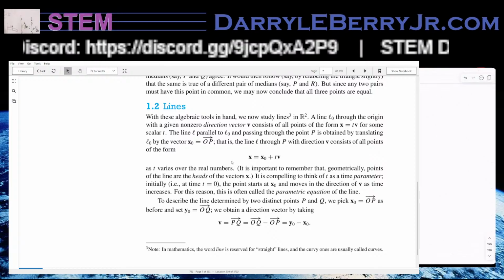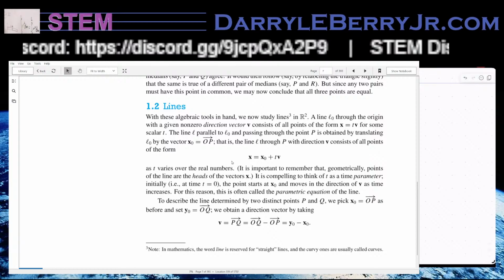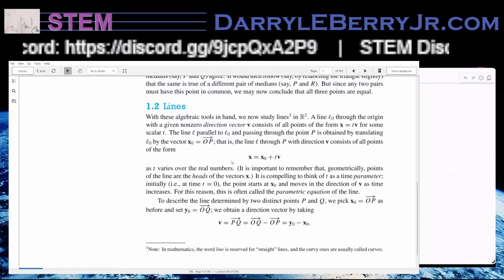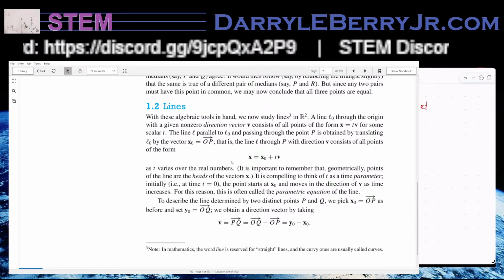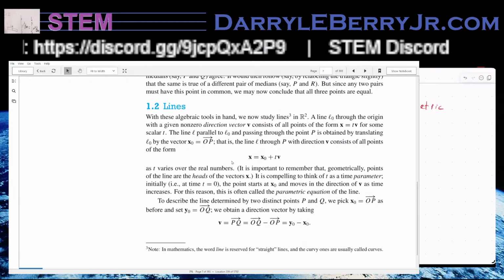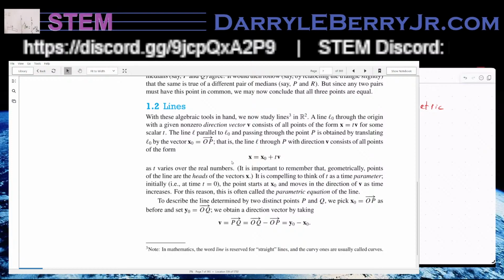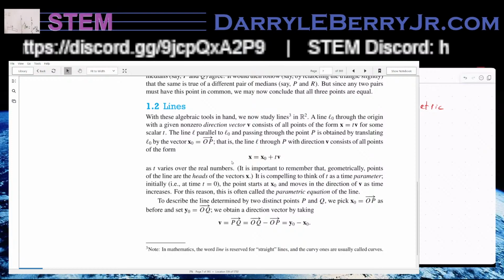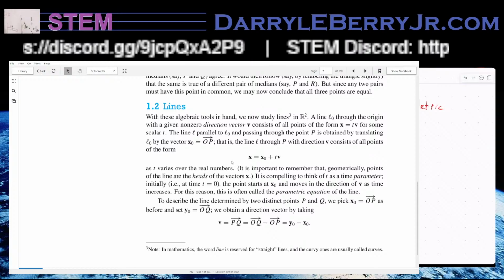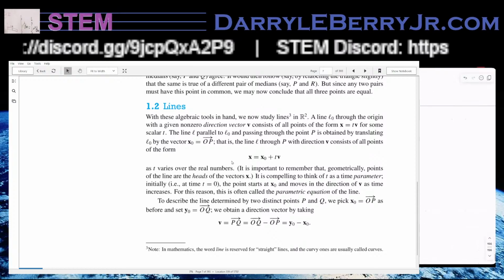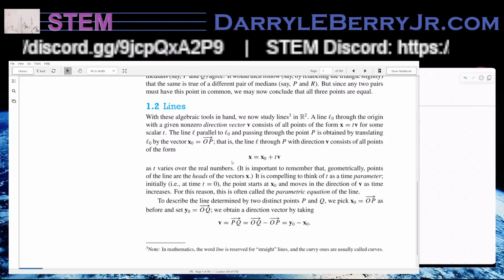Right? And this is called the parametric equation. So especially when we do proofy stuff and they want us to turn one into the other, this is the parametric equation of a line. And so let's write this again. Parametric.